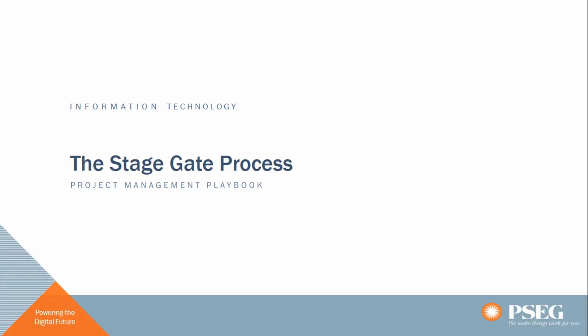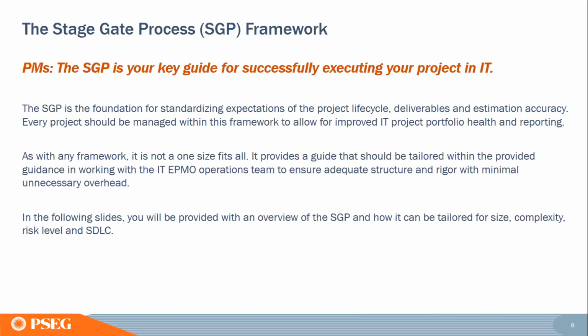Okay. So as you know, stage gate process, we now fondly call it SGP in the short form. But the name itself tells you that there are different stages and different gates. Okay, so this is the vision. This is the statement of why we wanted to have the SGP.